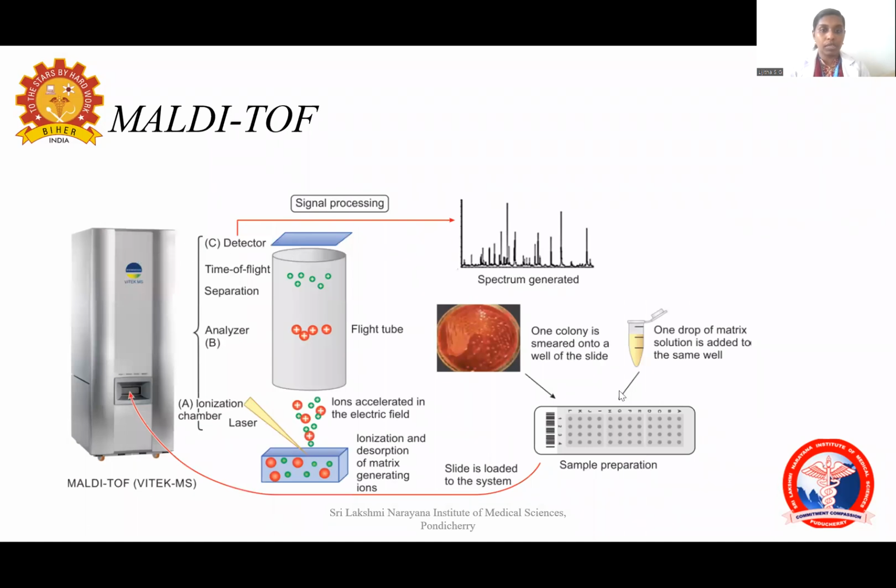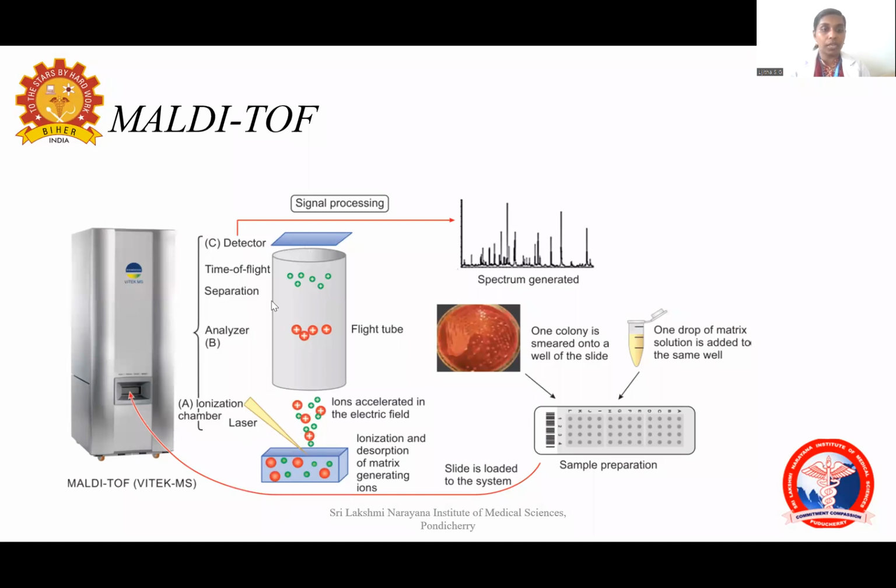This is the pictorial diagram. The colony is smeared onto the well of the slide. This is the slide and it has wells. We smear the colony onto the slide and add one drop of matrix solution. Then the slide is loaded onto the system. This is the machine, and there is an ionization chamber. It is laser assisted, so a matrix is created, and the ions are accelerated in the electric field.